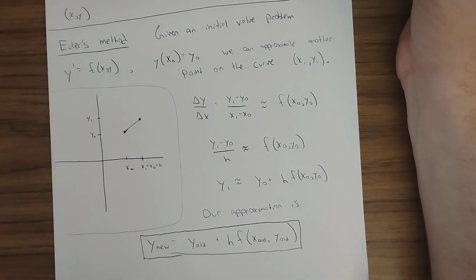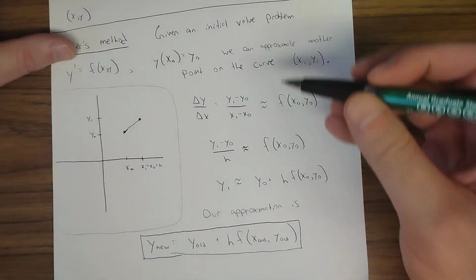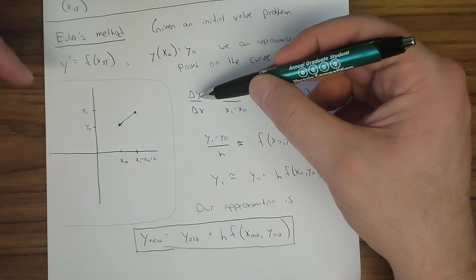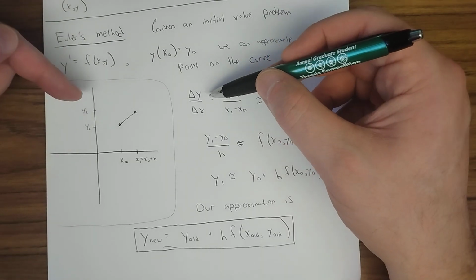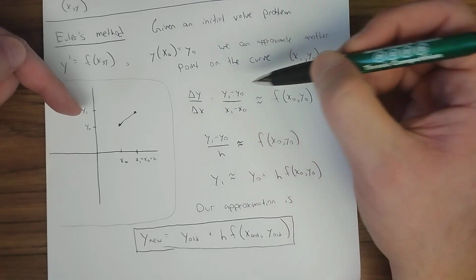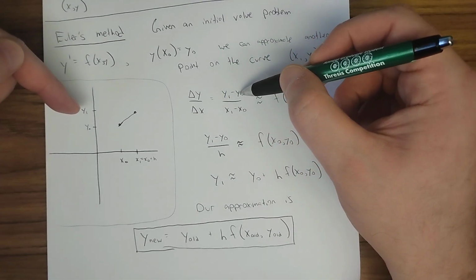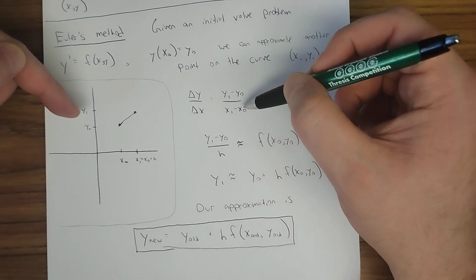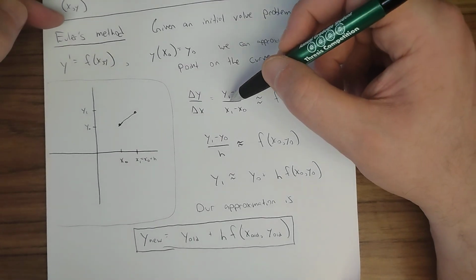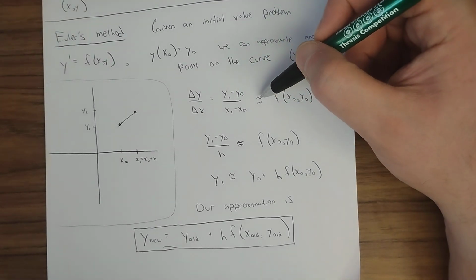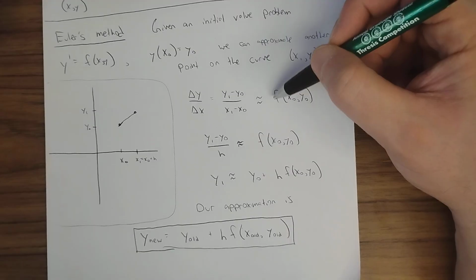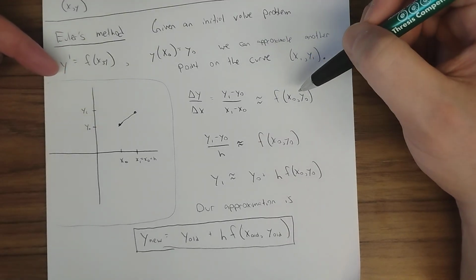If that's the idea for an approximation, what are we going to do? Well, the slope, rise over run, is the change in y over the change in x. In other words, it's y1 minus y naught over x1 minus x naught. That's the slope, so it should be approximately this, because this is my y prime.